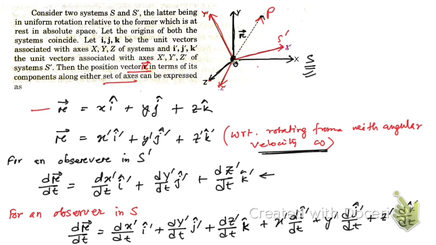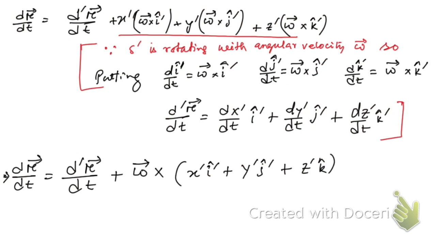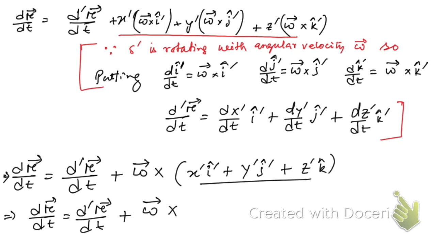Here you see this is nothing but r. Okay, so we can replace this by r. So plus omega cross, this is nothing but r vector, right? So this is time derivative.